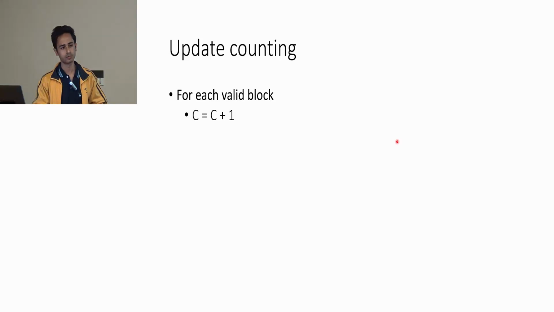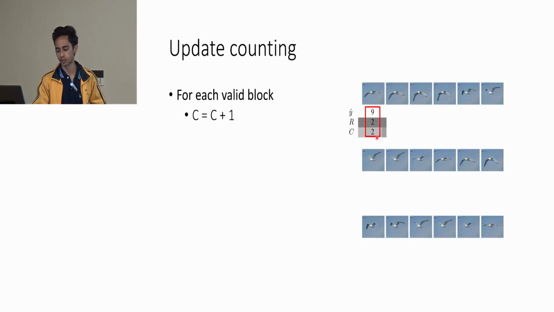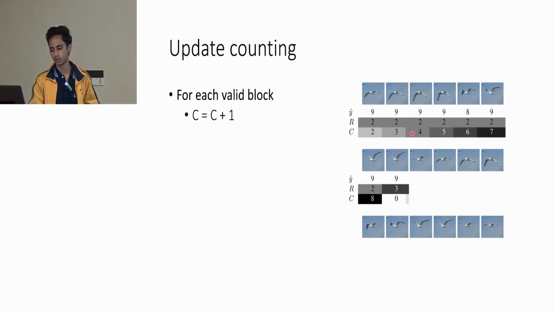For each valid block after the counting has started, they increment the value of C by 1. So if it starts from here with 2, then this block is valid, meaning the entropy of this block is lower than a threshold, and they increase the value of C. They do that for each valid block thereafter.